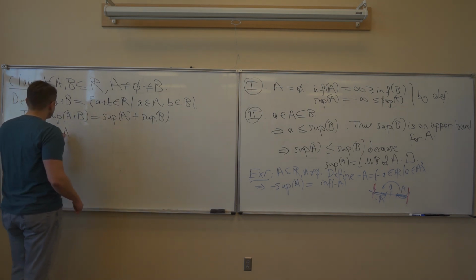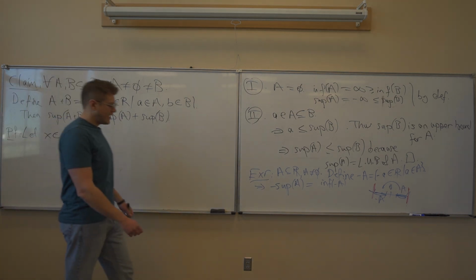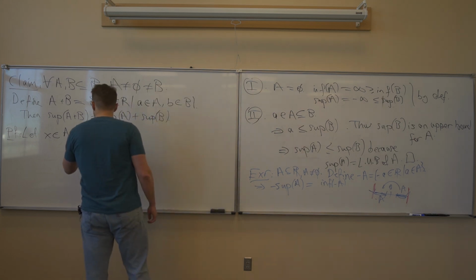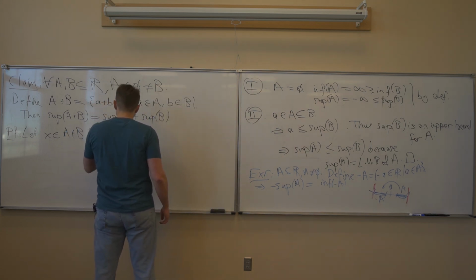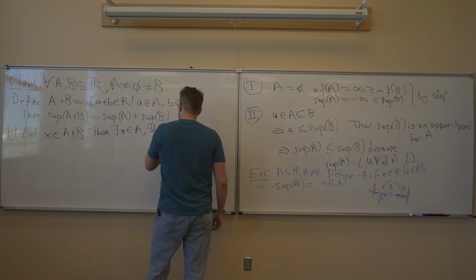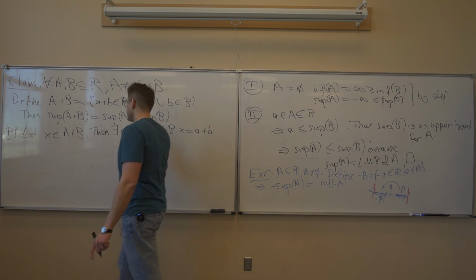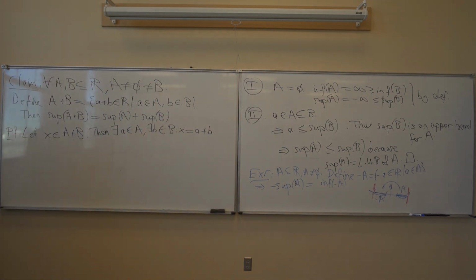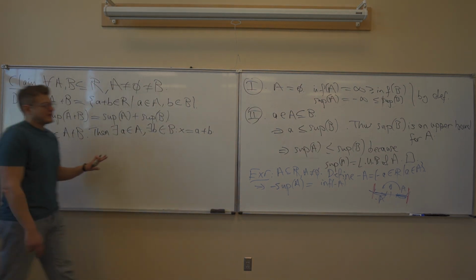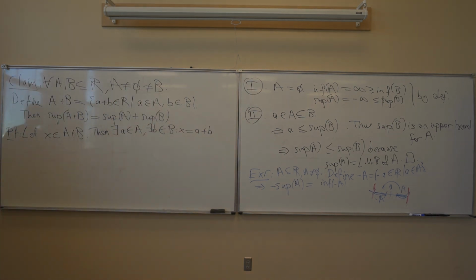Let x be an element in A plus B. Then for some a in A and for some b in B, x equals a plus b. Now, this lowercase a and lowercase b are not unique. There might be multiple elements that add up to x. But at least there is one a and there's one b.